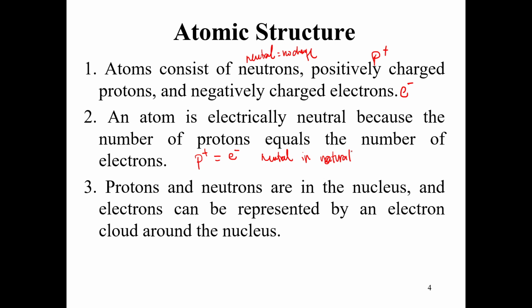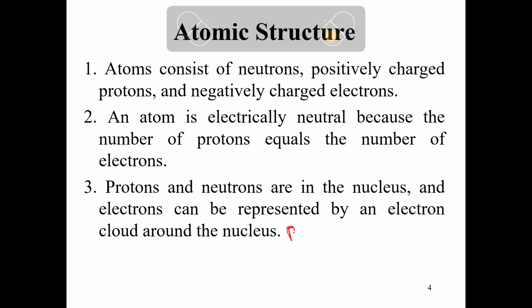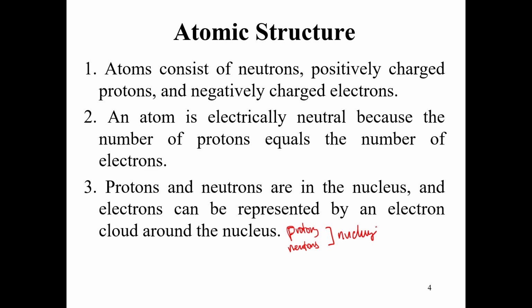Protons and neutrons are found in the nucleus. The nucleus is in the middle of the atom, while the electrons are found outside the nucleus.